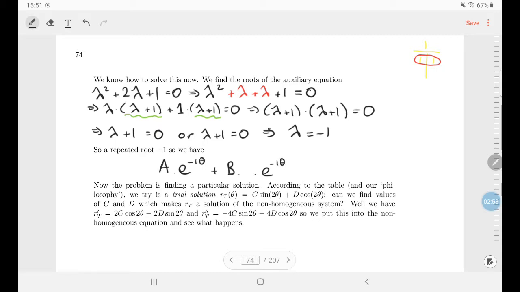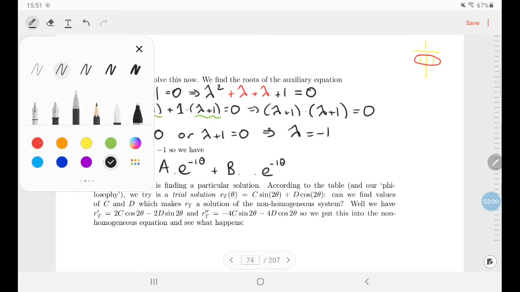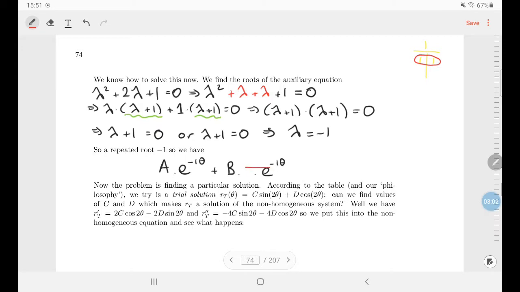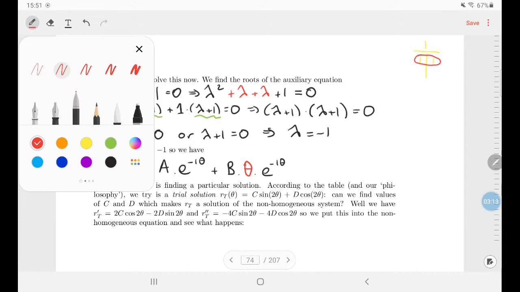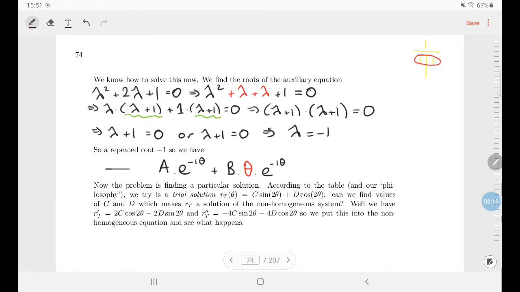But as we explained in a previous lecture, they're not two different solutions. So you change this one by multiplying by t. Now t, of course, would be wrong because it's not t here, it's theta. The role of t is played by theta. And so this now is the homogeneous solution, or h of theta.